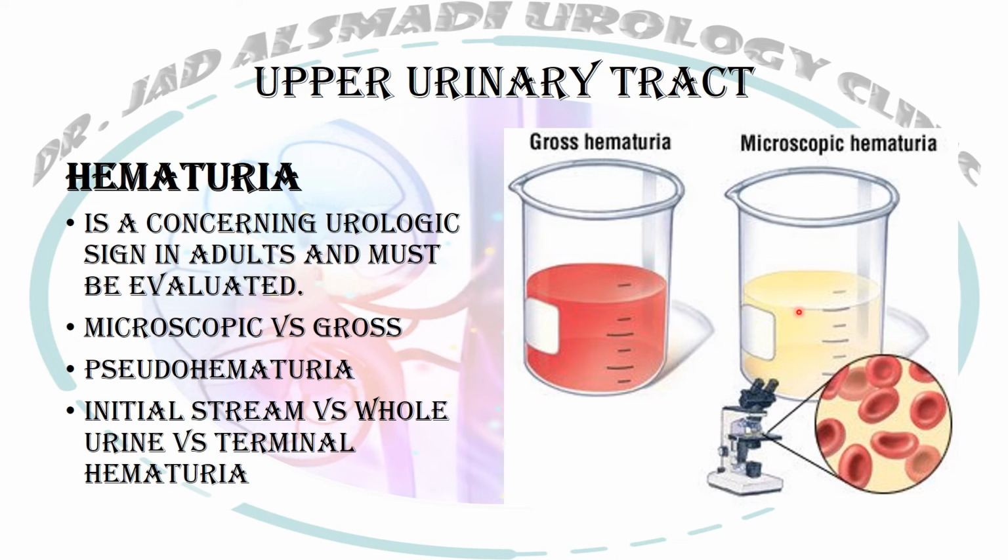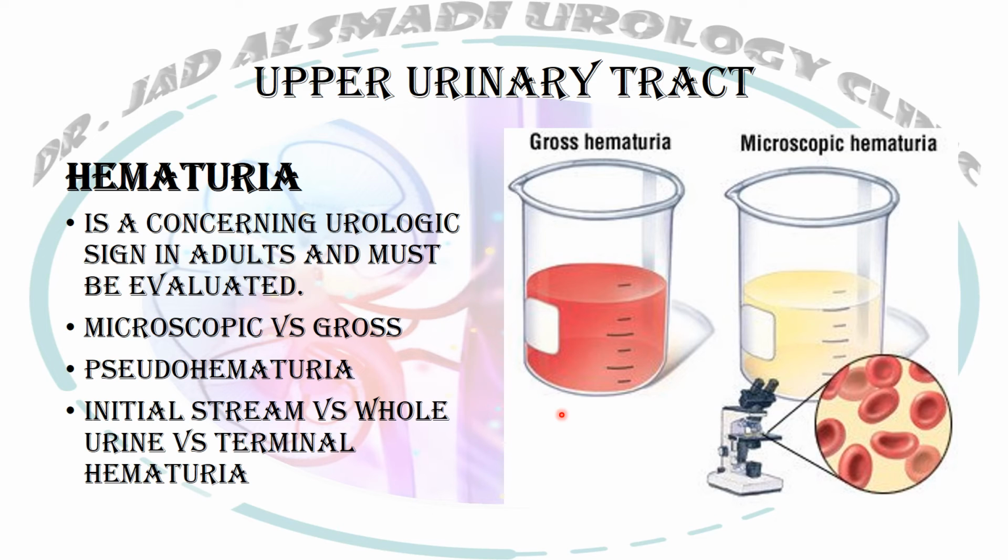The most important points in the history of a patient with hematuria are to know the age of the patient, whether the patient has irritative symptoms or not, whether he is a smoker or not, or if he has industrial chemical exposure during his work, because hematuria is an alarming sign, and urologic cancer can be present in up to 25% of adult patients with this symptom. So the age is one of the most important.